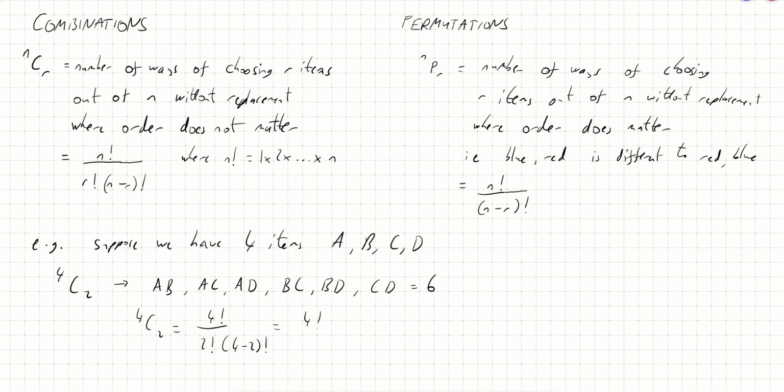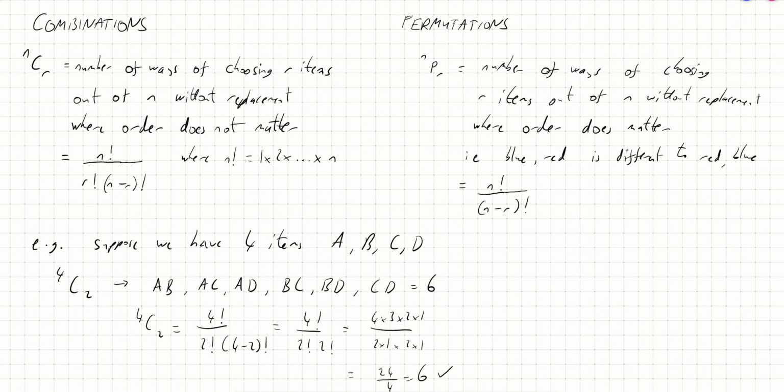This is 4 factorial over 2 factorial times 2 factorial, and 4 factorial is 4 times 3 times 2 times 1, and 2 factorial is 2 times 1, and 2 factorial again is 2 times 1. This is 4 times 3 times 2 times 1 on top, which is 24, over the bottom, which is 2 times 2, which is 4. So this is 6, which agrees with our counting.